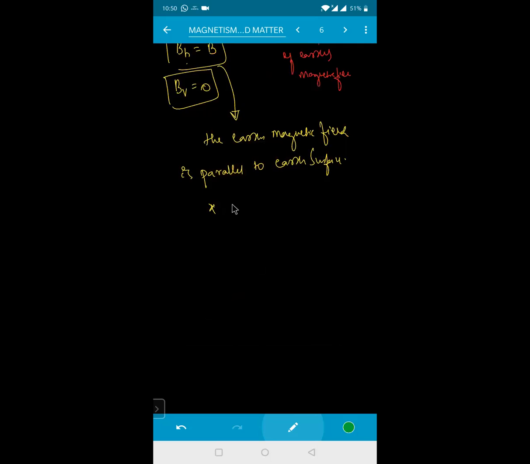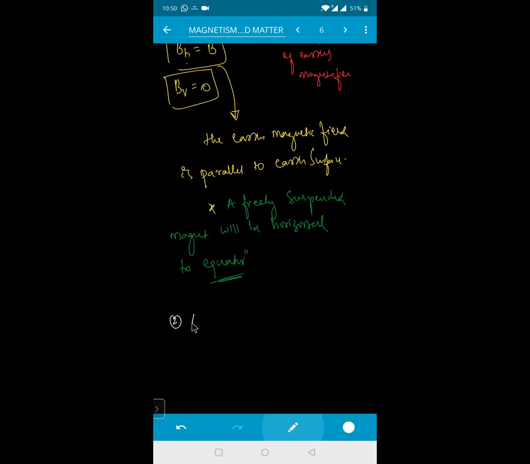A point you need to remember: a freely suspended magnet will be horizontal to the equator. This is very important for competitive exams. A freely suspended magnet will always come horizontal to the Earth's magnetic field.